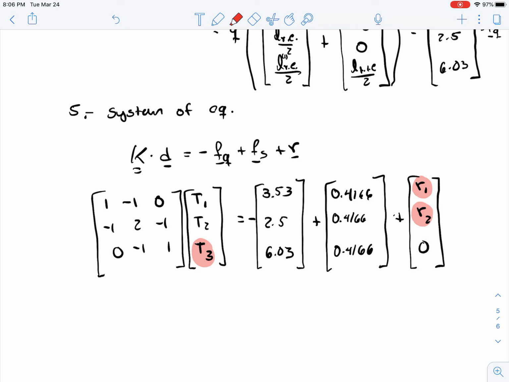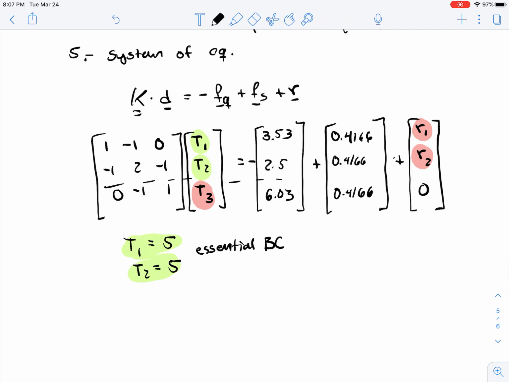The unknowns are this right here, and this I actually know. So T1 equals 5, T2 equals 5. These are the essential boundary condition. So those I know.